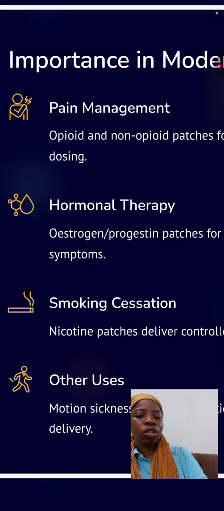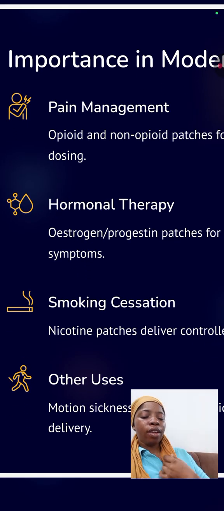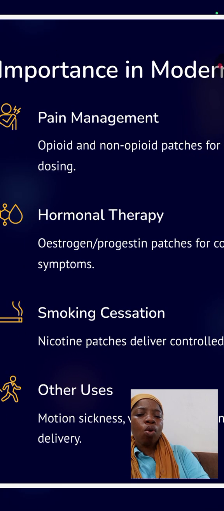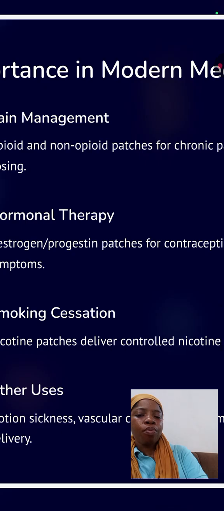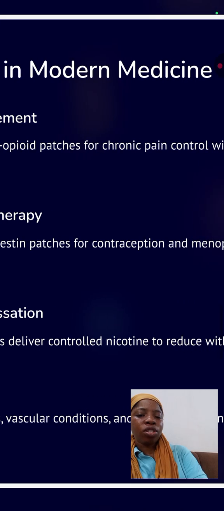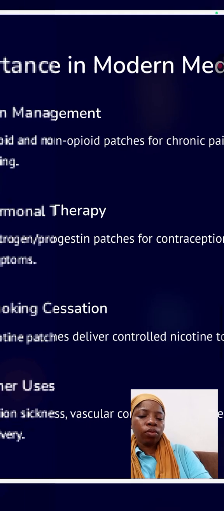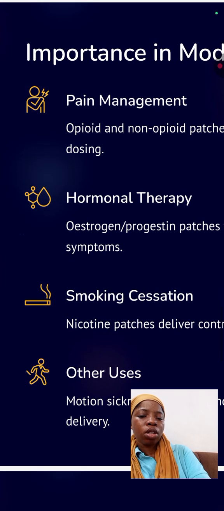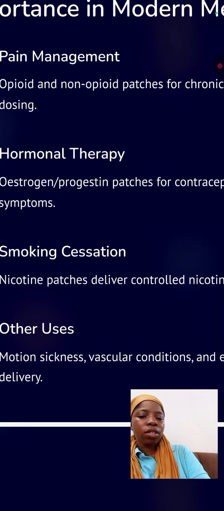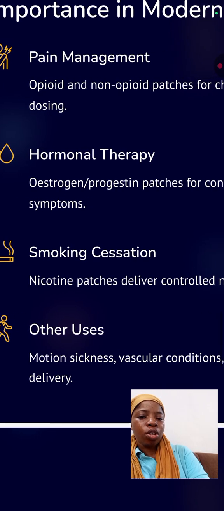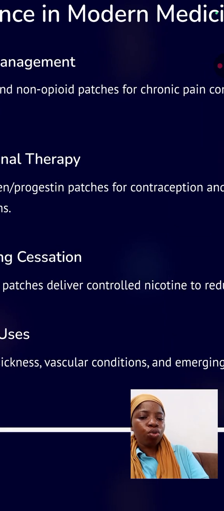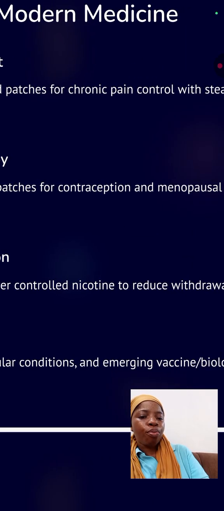When we talk about hormone therapy, we talk about the hormones within the human body: estrogen, progestin patches for contraception and menopause symptoms. Then we talk about smoking cessation: nicotine patches deliver controlled nicotine to reduce withdrawal.